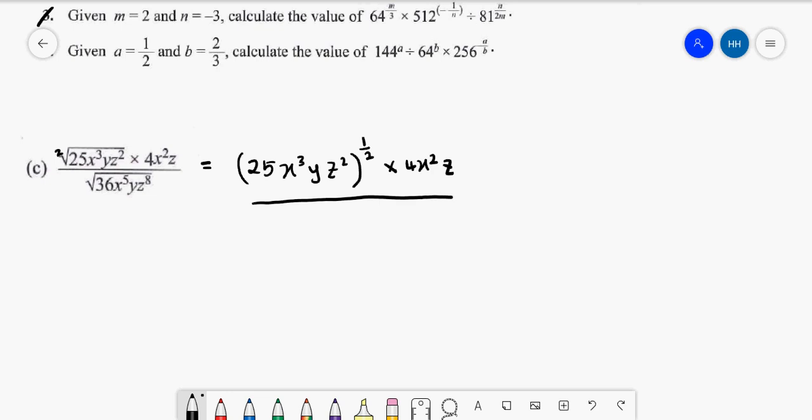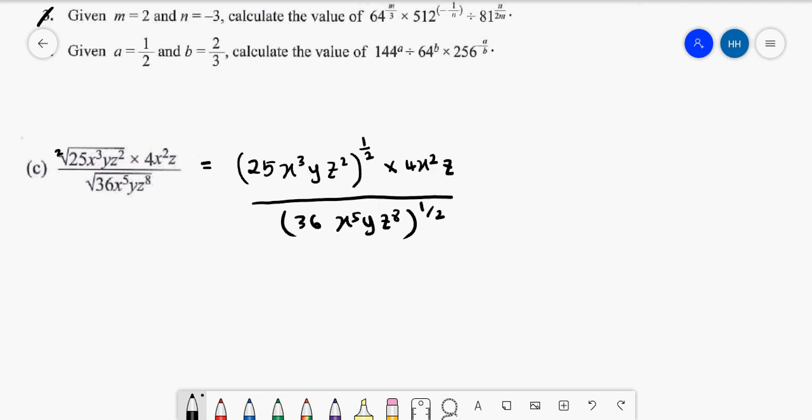Here you have square root, so you can write inside the bracket 36 x to the power 5 y z to the power 8, and to the power of 1 over 2.